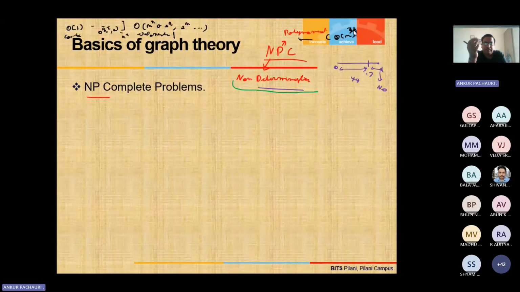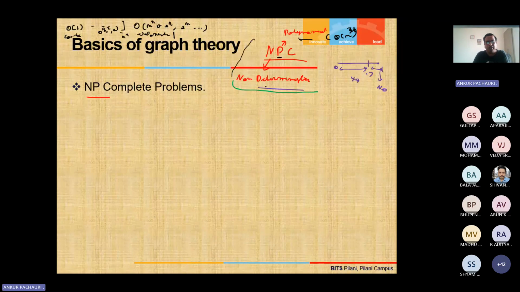Even the shortest path and all, I think you have learned or heard that it was somewhere between n cube and n to the power 4. So those complexities will be called polynomial complexity, means n square, n cube, n to the power 4. Now again, a storytelling.